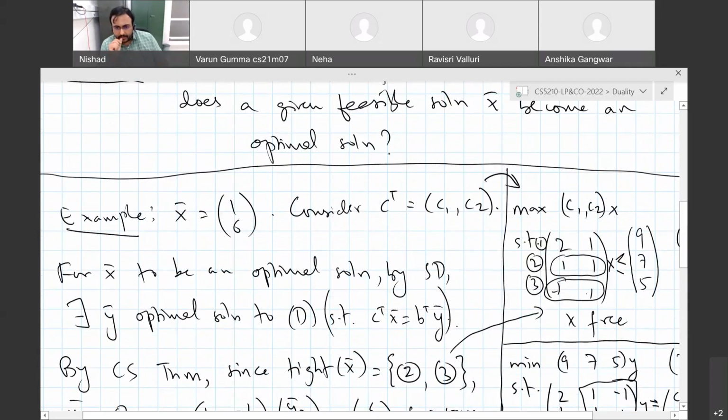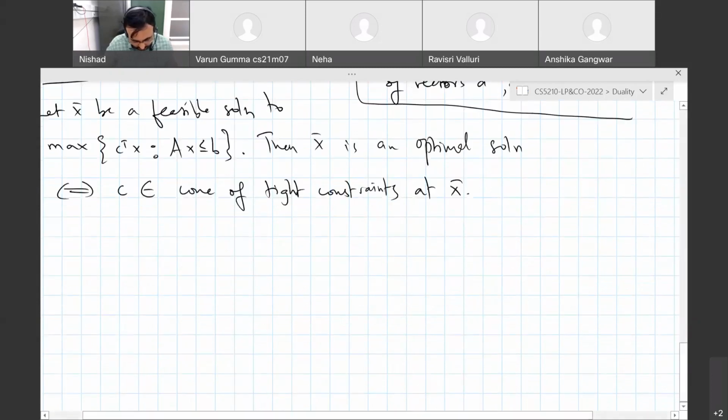So you look at the tight constraints for this particular solution, and the corresponding rows are 1, 1, and minus 1, 1. So if your objective function C1, C2 belongs to the cone formed by these vectors, then X bar will be an optimal solution. Otherwise, X bar will not be an optimal solution. So that's what it means.